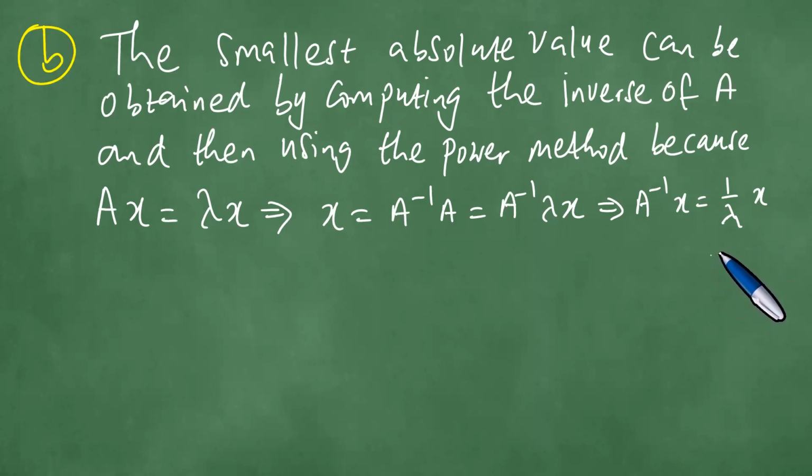At this point you can decide to divide by lambda, so that you have x over lambda equal to A inverse x, which is 1 over lambda x.